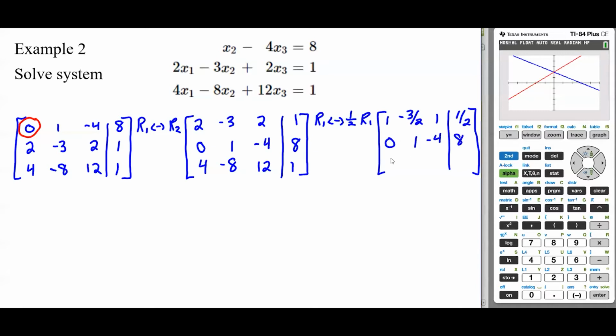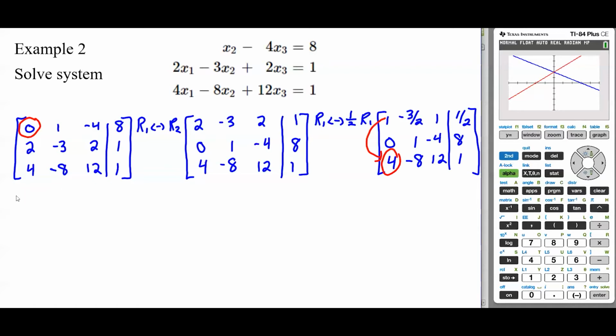And again, I'm only changing row 1, so I'm just going to write down the other rows. So now I want to get rid of the 4 in the third row. So I have to use the first row to eliminate that 4 in the third row.